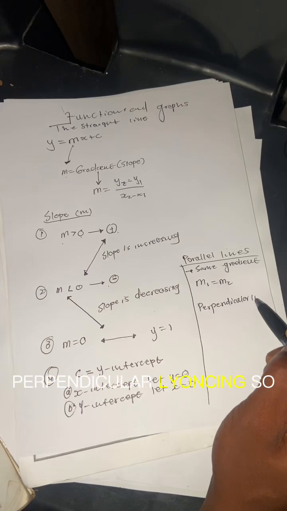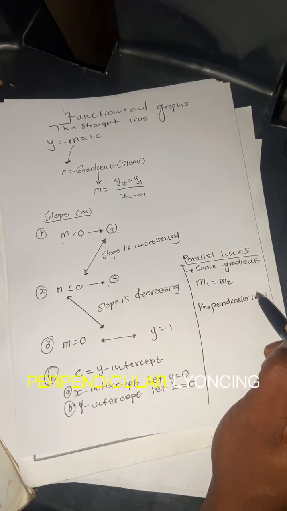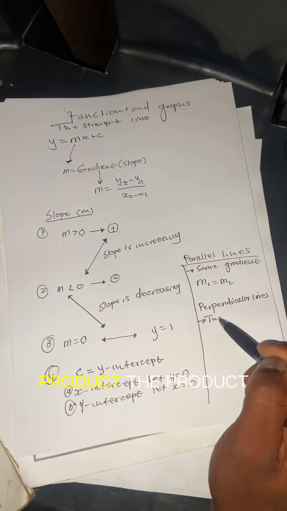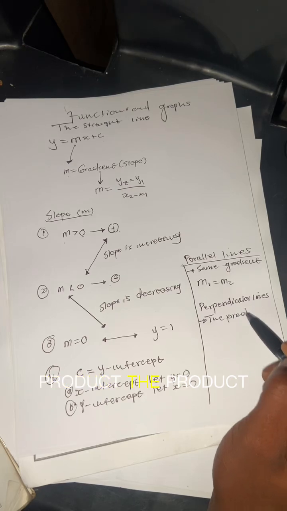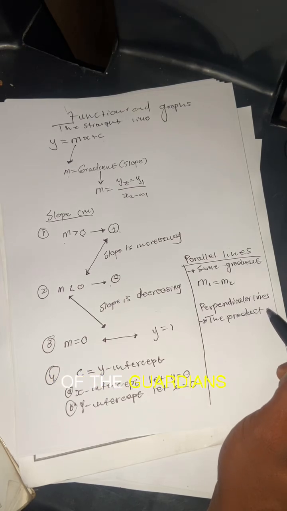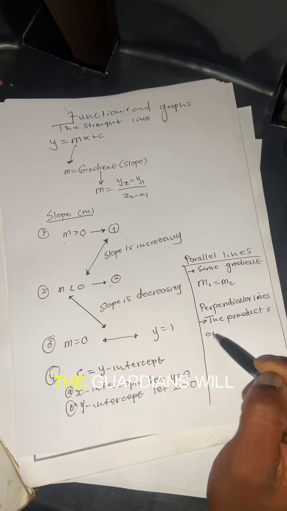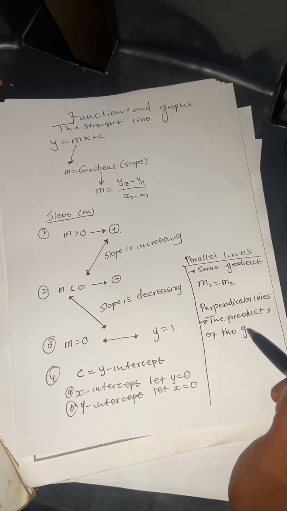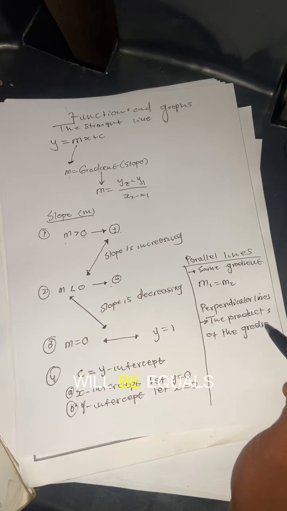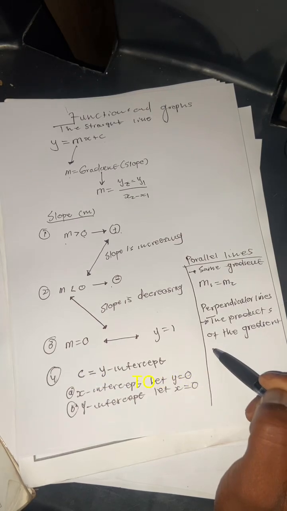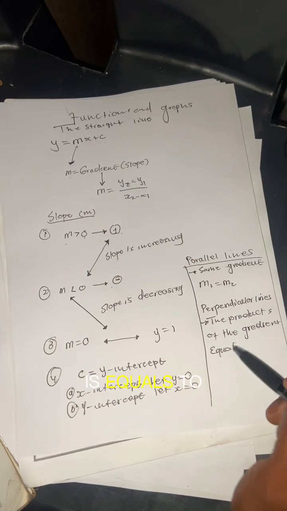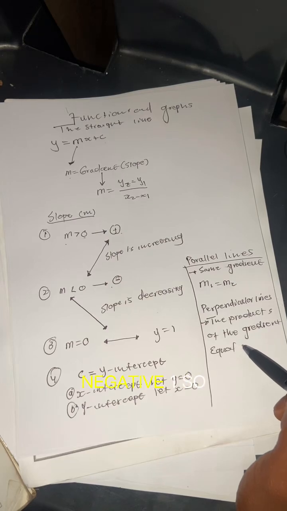When you see perpendicular lines, you have to know that the product of the gradients will be equal to negative 1.